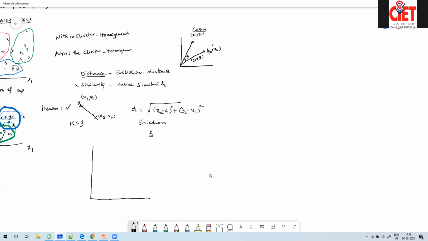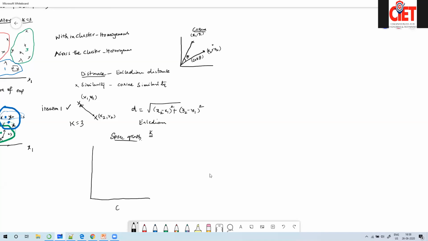To choose the value of k, we have to take help from a graph, which is called the scree graph. The scree graph will help you understand what is the ideal number of clusters to go with.